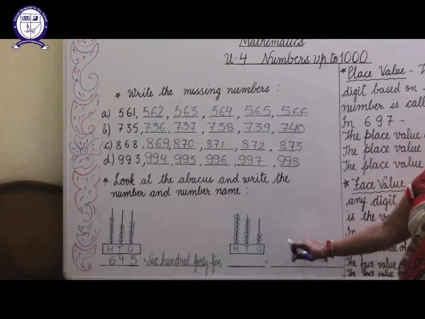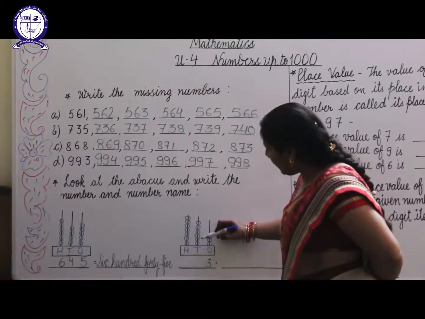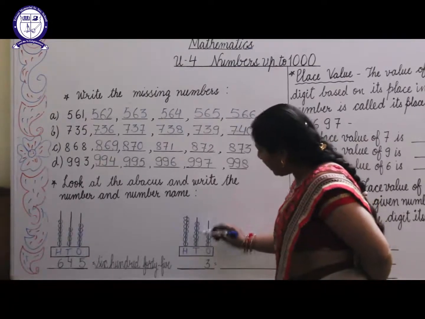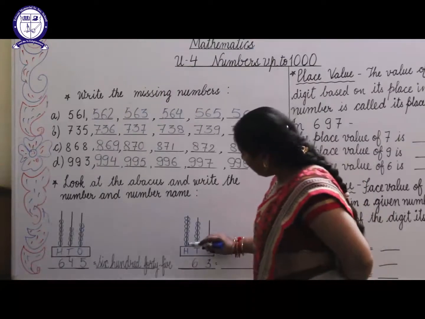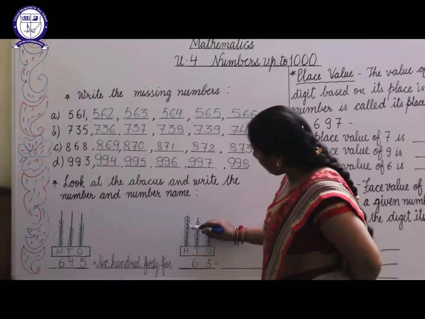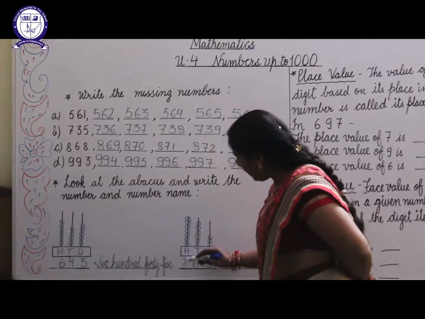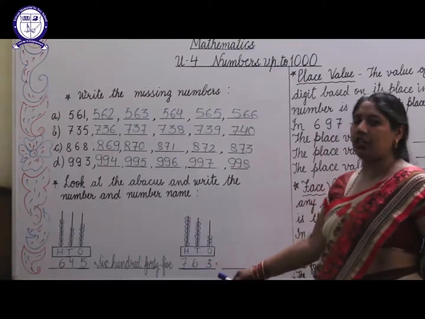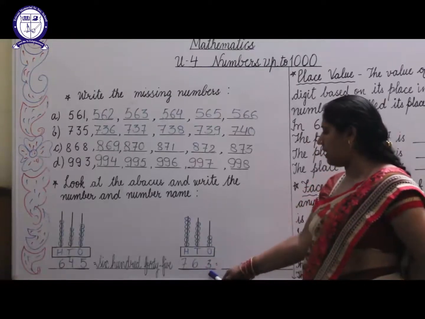How many beads on the ones place? 3. On the tens place, let's count. 1, 2, 3, 4, 5, 6. And on the 100 place, 1, 2, 3, 4, 5, 6, 7. We get a number. What is the number? 763. That is the form of the number. 763.